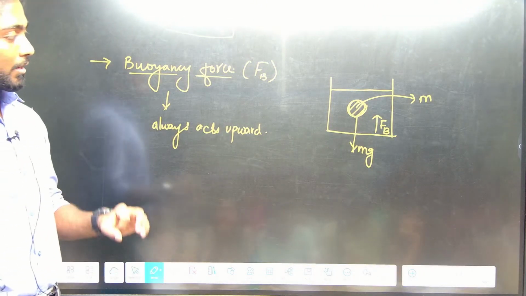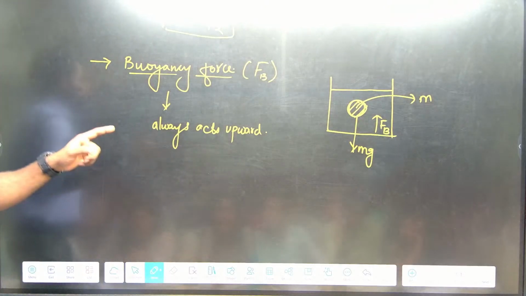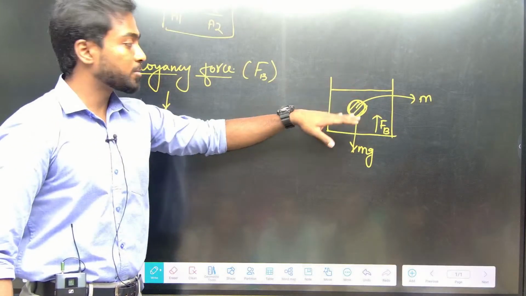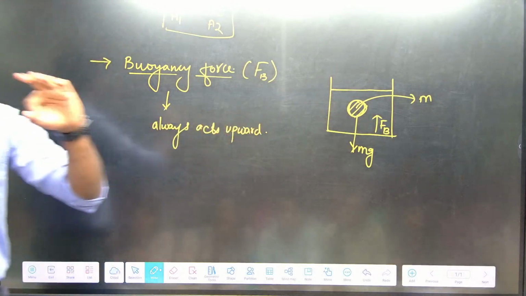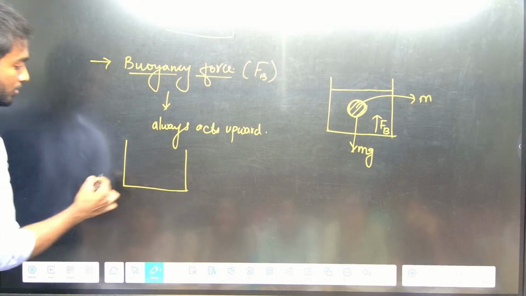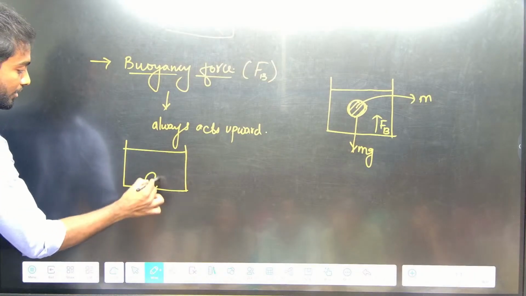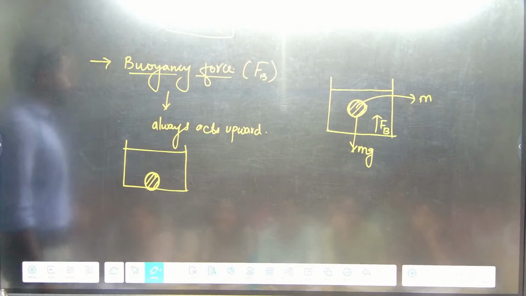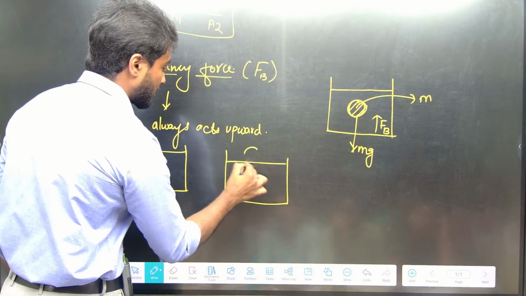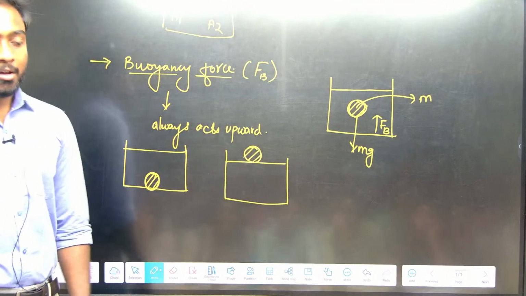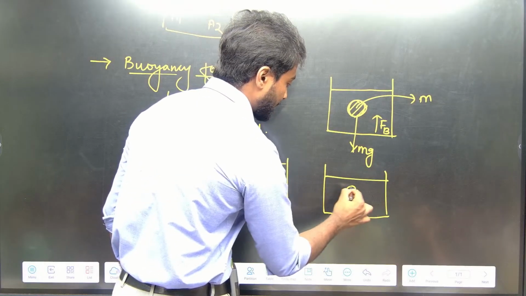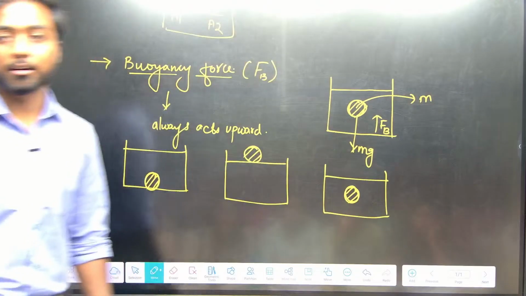So in this there are conditions: an object sinks completely, or the object is floating, or the object is in the equilibrium condition. Three conditions are there. Listen carefully, afterwards you can take down. First, the object has sunk completely. Second, the object is floating. Third, the object is exactly in the middle position of the container.